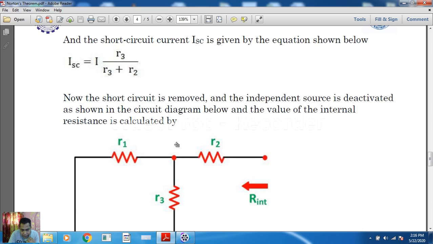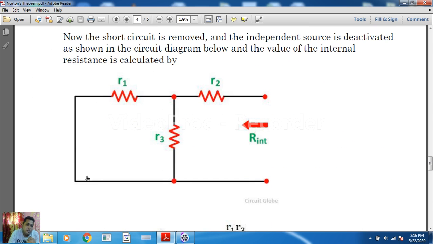So now check what we have done. See, there is a voltage source, we have removed it and made the terminal short. And for the terminal from where the load resistance is disconnected, we have to view from that terminal, and after viewing, find the equivalent resistance of the circuit.